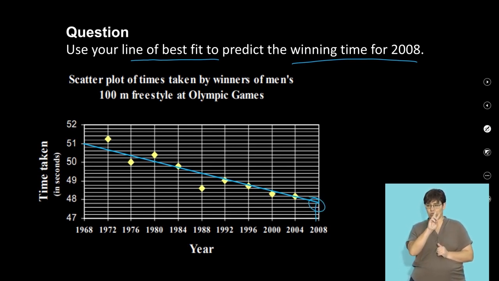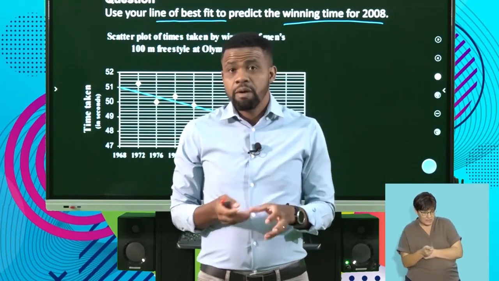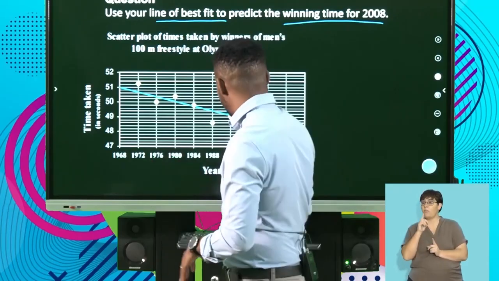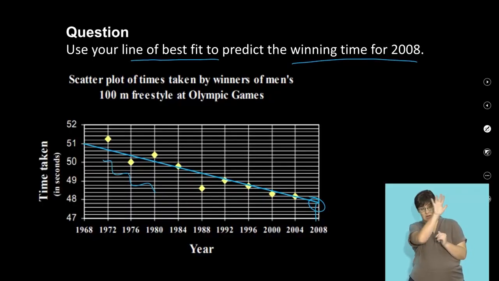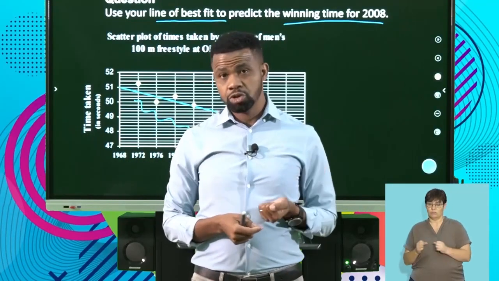But looking at 2008, we're kind of extrapolating. Do you believe that is accurate? Remember, when we interpolate, if we predict within the data, the reliability of the answer is really good, but outside, the reliability is not that strong.